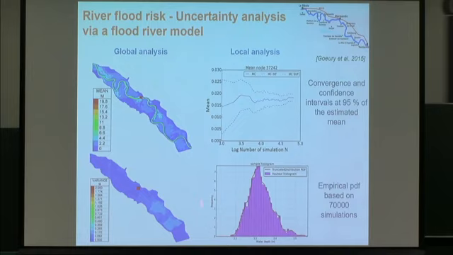It's interesting, but with 70,000 simulations, in fact, we have obtained 70,000 maps, and we have just synthesized this information by giving the mean map and the standard deviation map. So we think that statistics can bring more than just two maps.